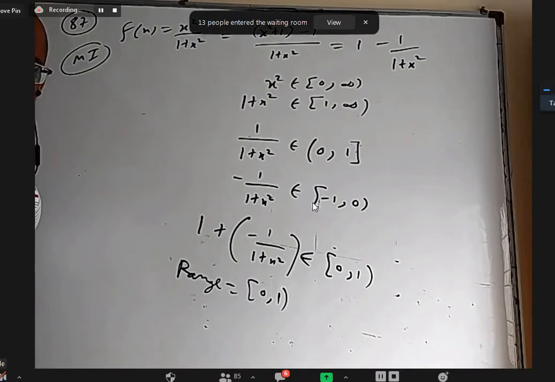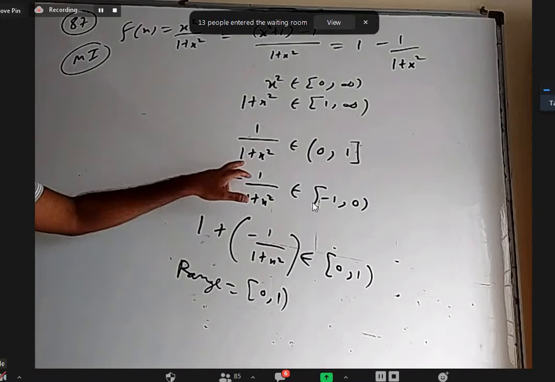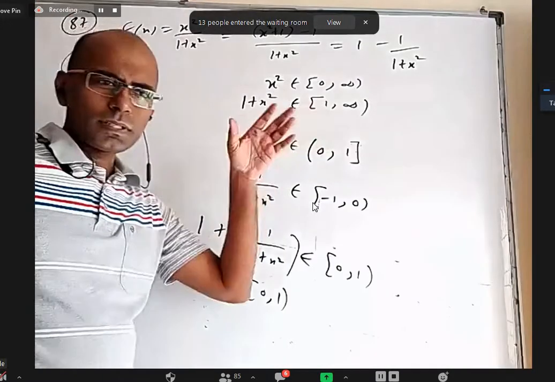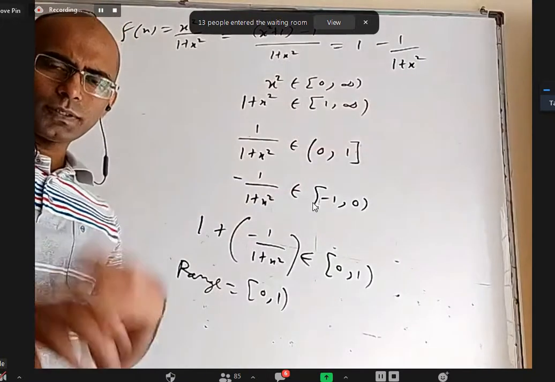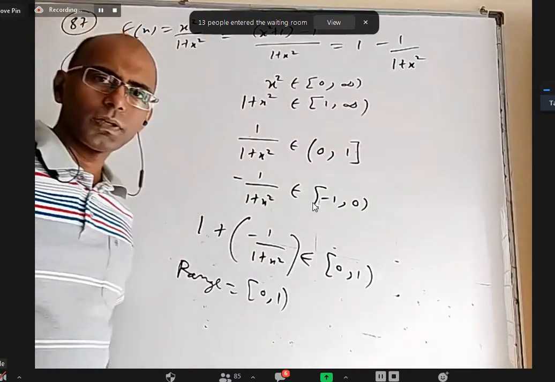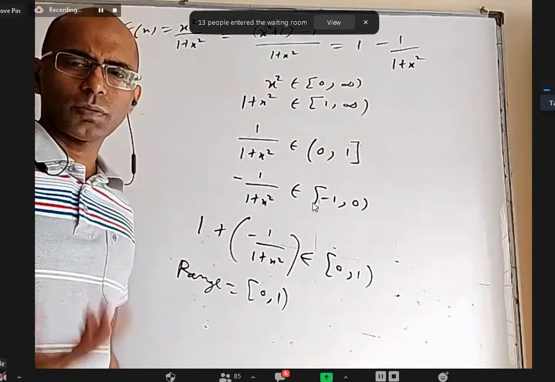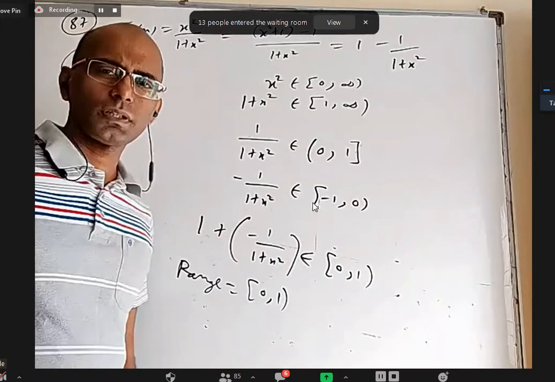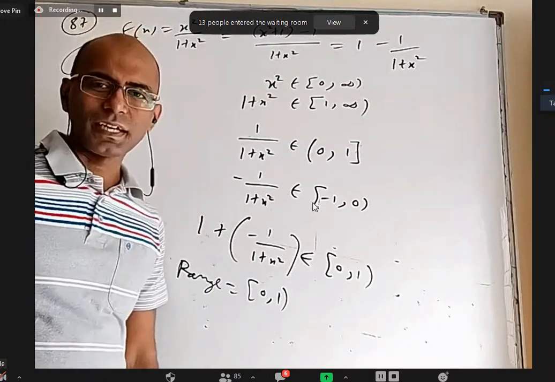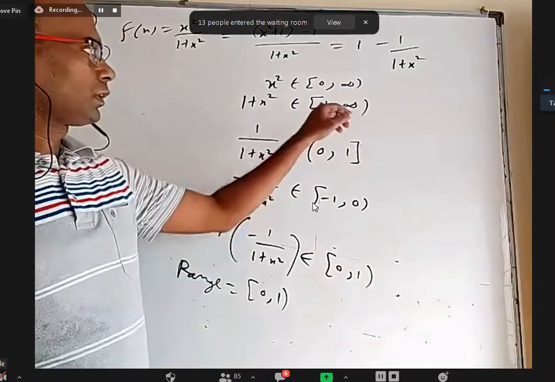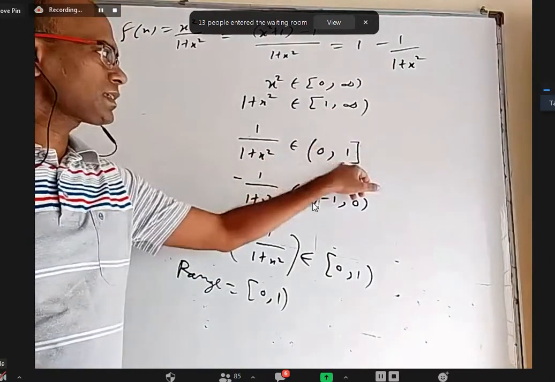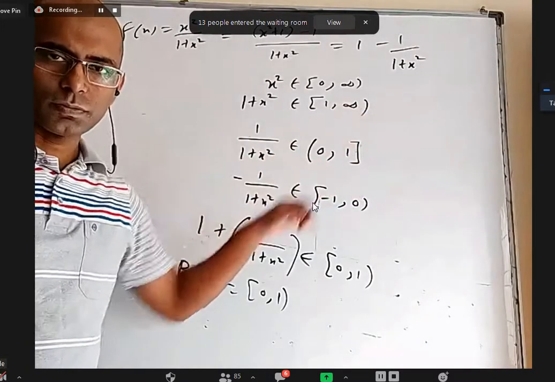Sir, once again, can you explain the 1 by 1 plus x square step, sir? You take numbers like 1, 2, 3, 4, 5, 100,000, 1 lakh, 1 crore. Take reciprocals of those numbers. What will come? 1 by 1, 1 by 2, 1 by 3, 1 by 4, 1 by 6, 1 by 100, 1 by 1000, 1 by 1 lakh, which is practically tending to 0, right? So the reciprocal of this will be the biggest and the reciprocal of this will be the smallest in the list.